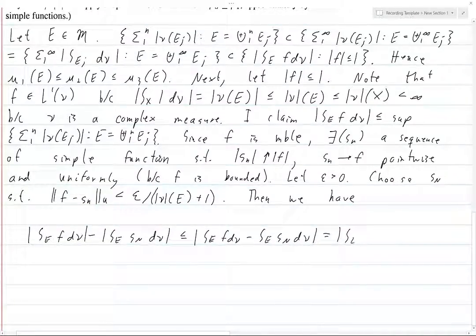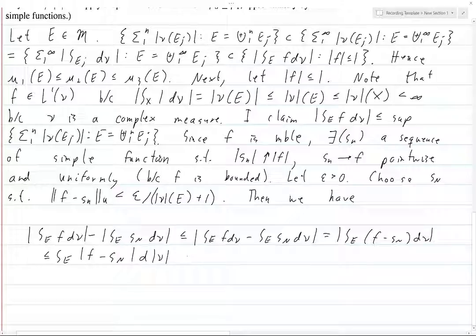So this is equal to the absolute value of the integral over E of f minus S_n d nu, combining these. And by proposition 13c, this is less than or equal to the integral over E of the absolute value of f minus S_n d nu, just bringing the absolute values inside.